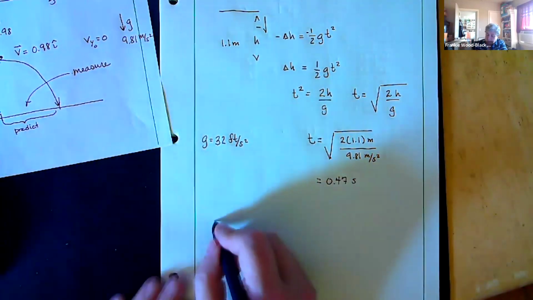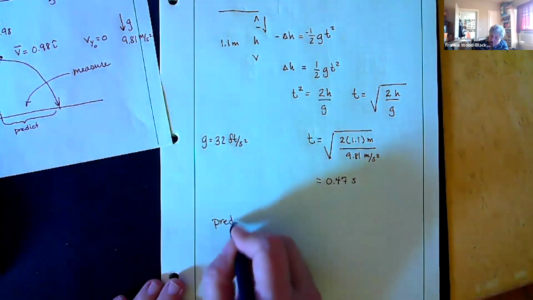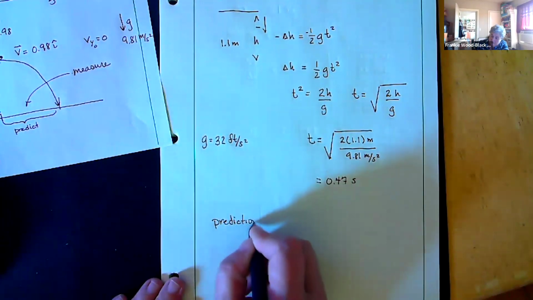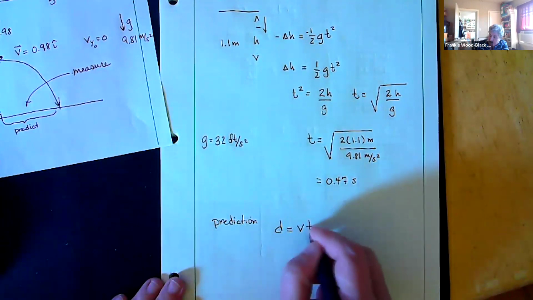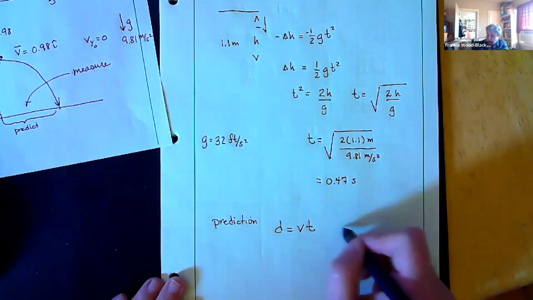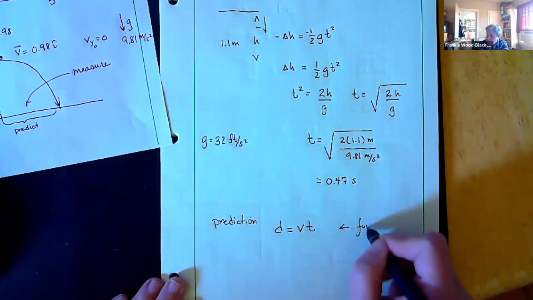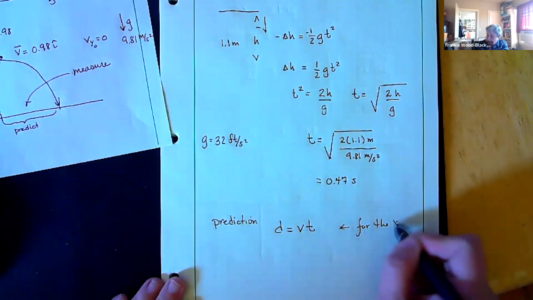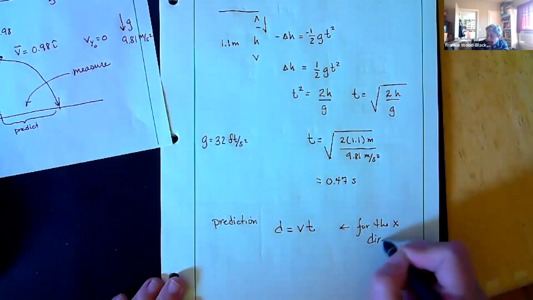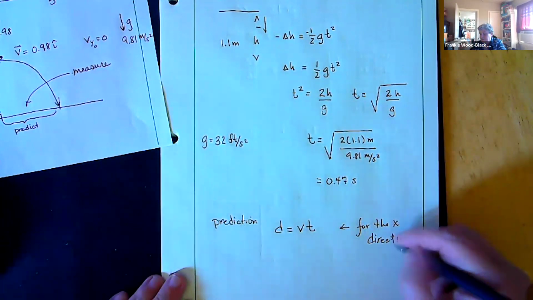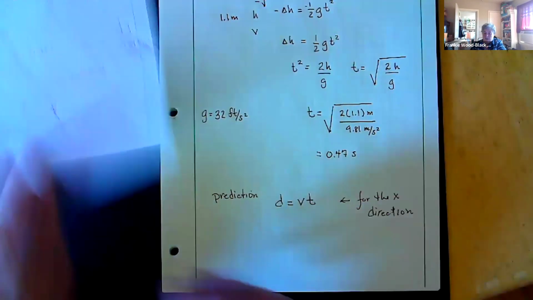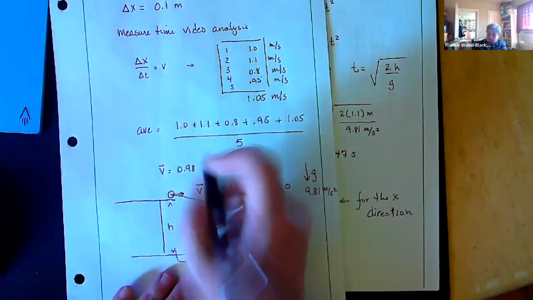Well, now my prediction is distance is equal to velocity times time for the x direction. So if I measured my velocity, my average velocity was 0.98 meters per second.